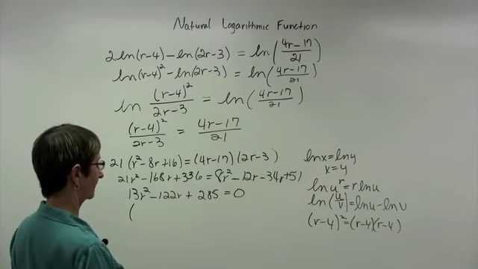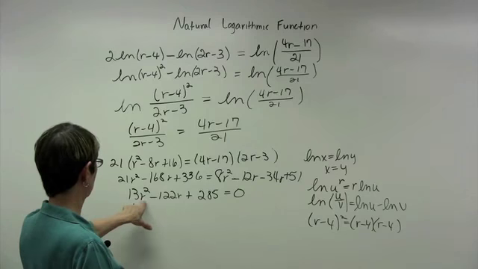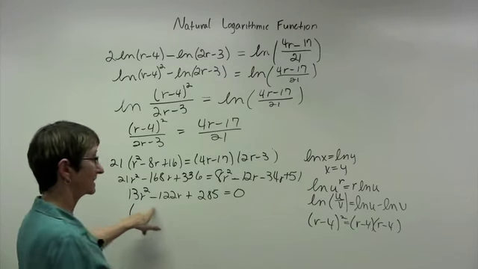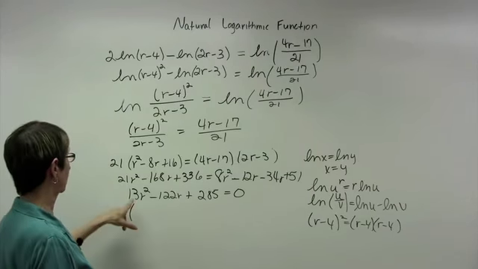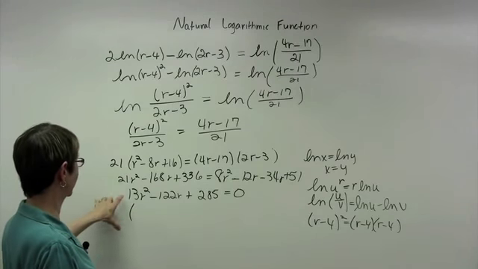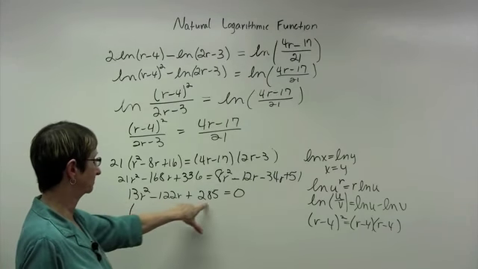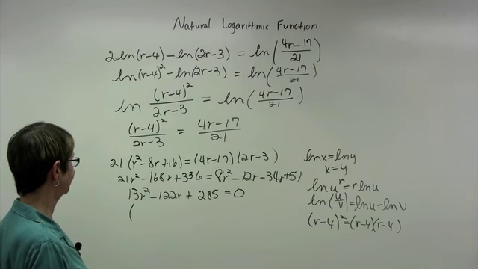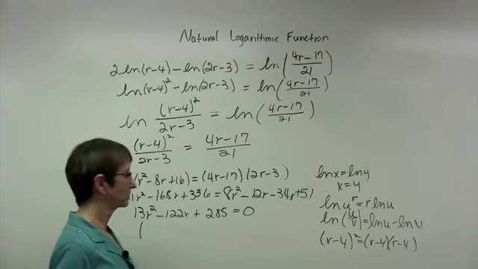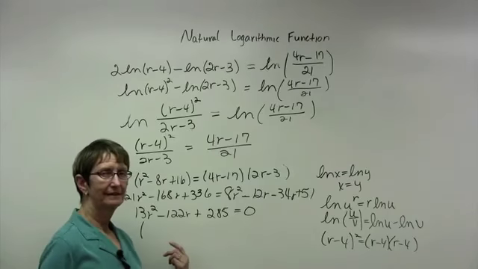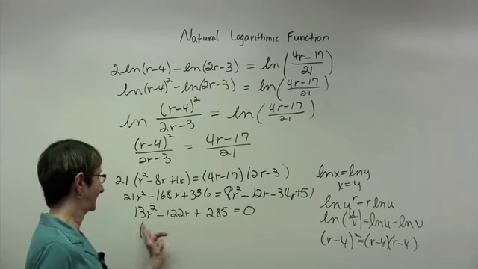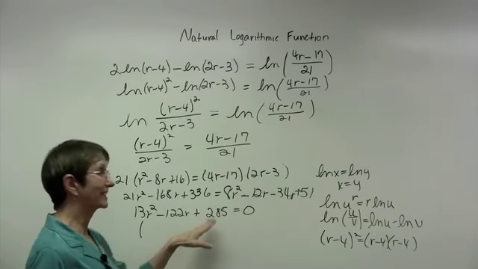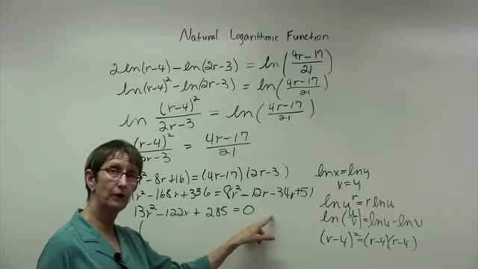So if I try to factor, this is really nasty. Is there anything I can pull out that's in common here? I don't think so. So when we're trying to factor this messy thing here, what you cannot do is bring the 285 over.